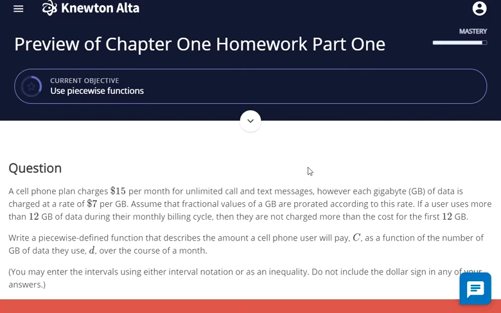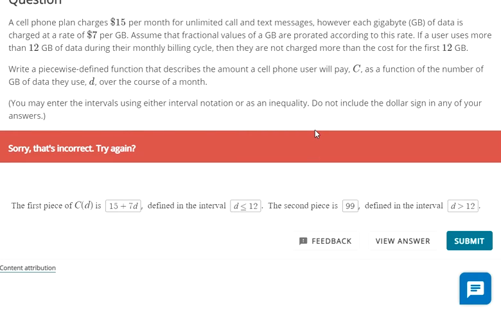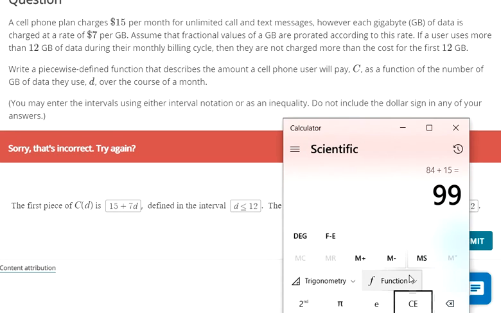Now I'm not sure if I got that in right. I don't know what else they might want. $15 per month. I'm trying to think if I've done anything wrong.